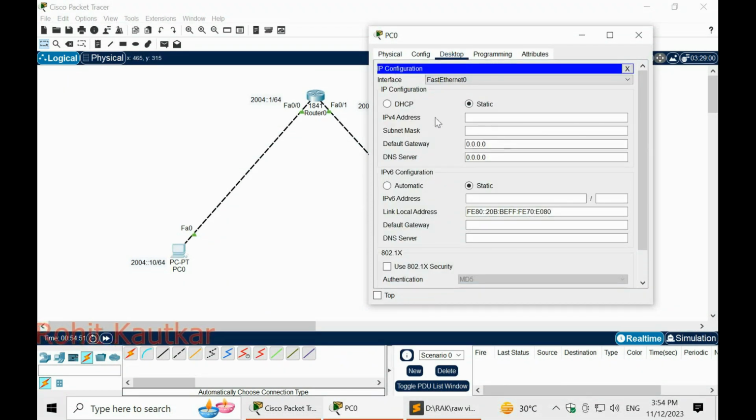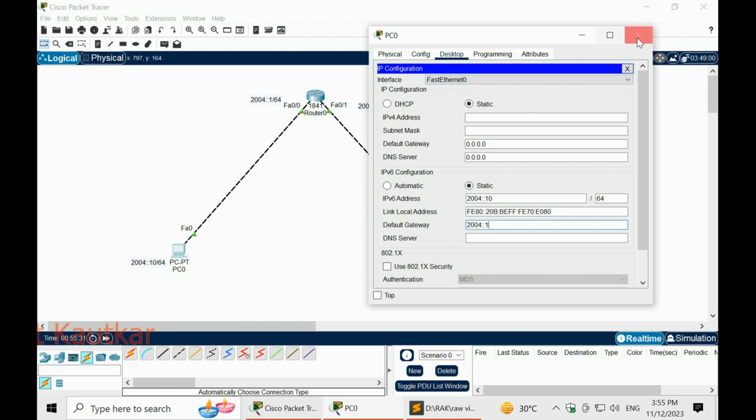Now here you have to observe this IPv6 panel, and here we will specify the IPv6 address for this machine which we have decided, 2004:10 followed by length of subnet 64, and default gateway for this machine, this will be the default gateway, 2004:1. So this is what we have in the configuration of first host.